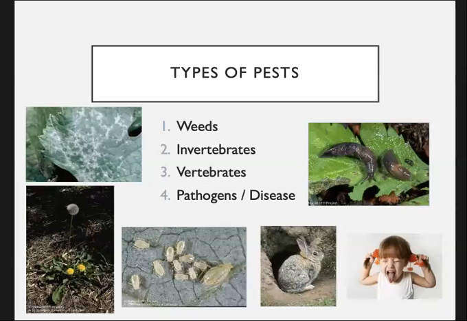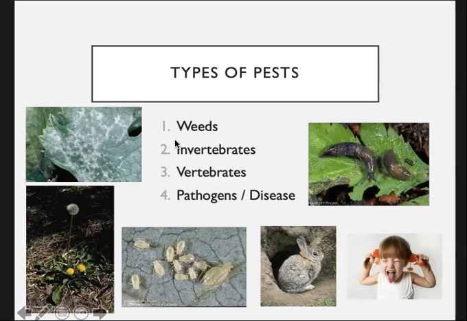So in IPM, it's also important to understand what and when organisms are considered to be pests. There are many different types of organisms that might become a pest at some point, and they vary a lot in terms of their classification, their biology, their size, and their potential impact on the farm or the landscape.